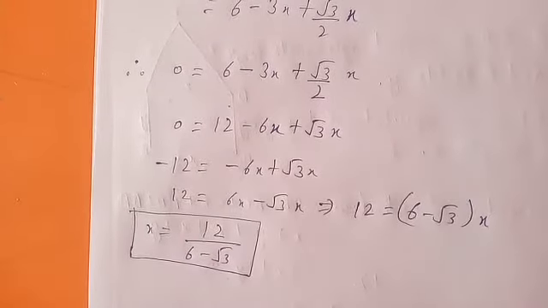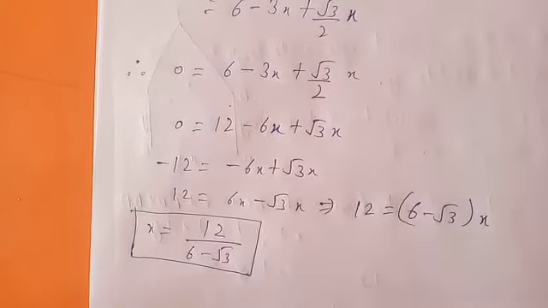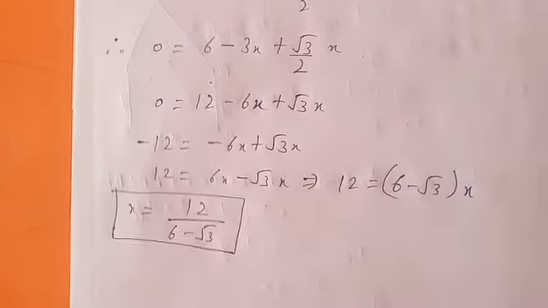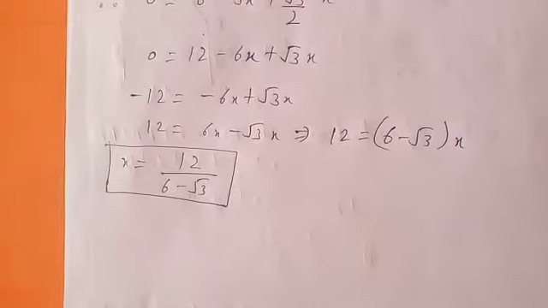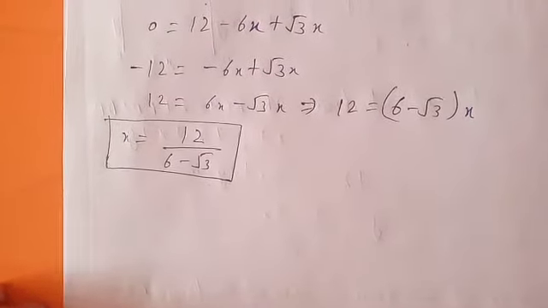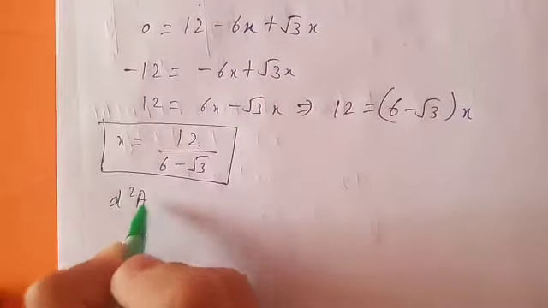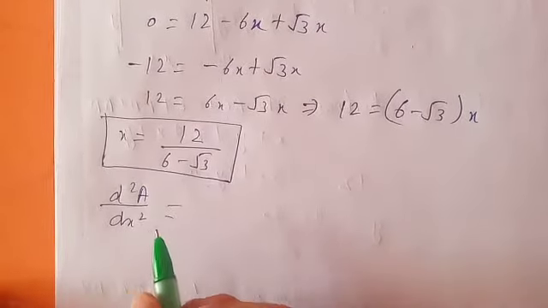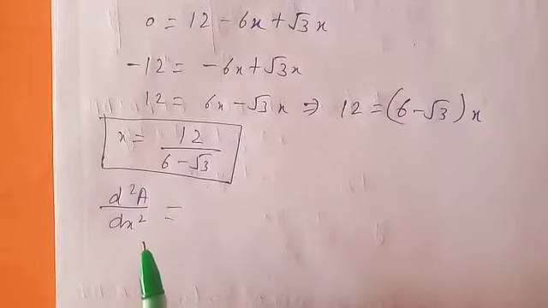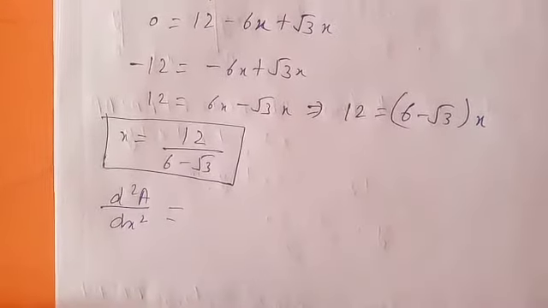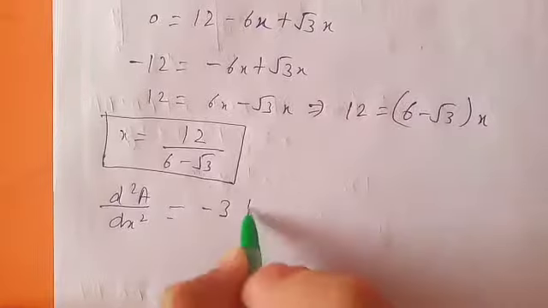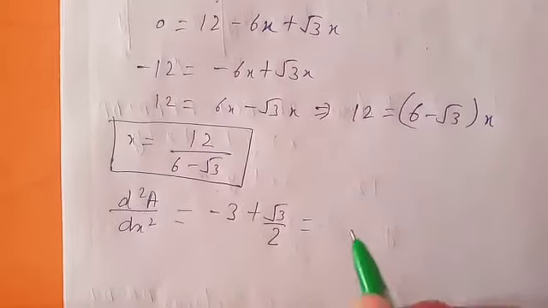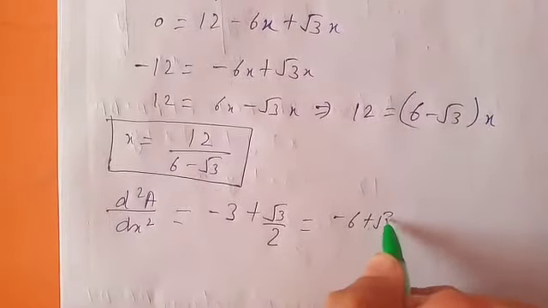We have got the value of x, but now we have to check whether at x equal to this value we have a point of maximum or minimum. So for that, what we will find out? We will find out the double derivative. Double derivative means d square A by dx square. That will be again differentiation of the first derivative of our area. Now that is equal to minus 3 plus root 3 by 2. Now it is minus 6 plus root 3 by 2.